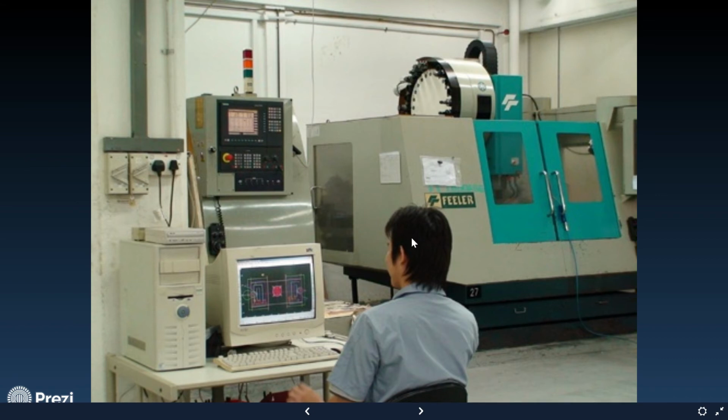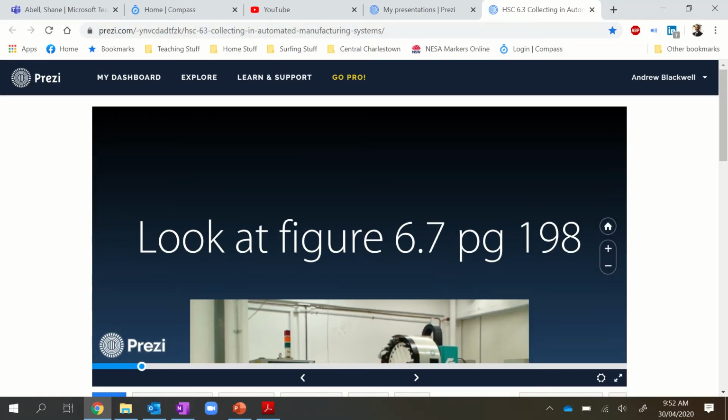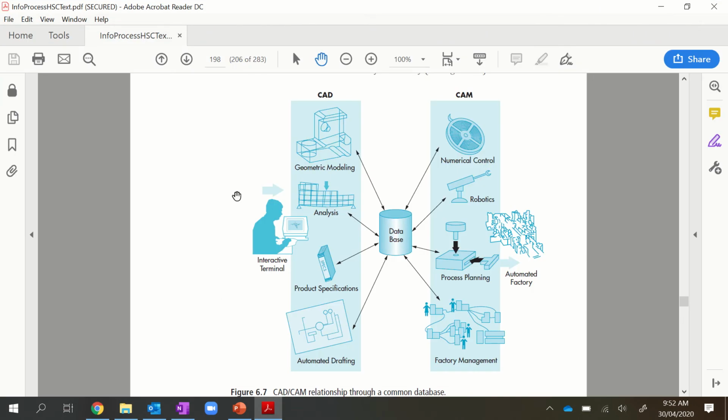So what do we need in regards to this? Well, of course, if we look in our textbook at figure 6.7 on page 198, which looks like this, you can see that there is the person who is working, who is generating all of these types of things, or not all of them, but this person can work on these or one of them, and the information is gathered into a database, and then that's the CAD side of it, and then going across to the CAM side of it.